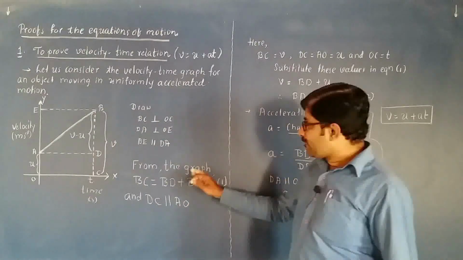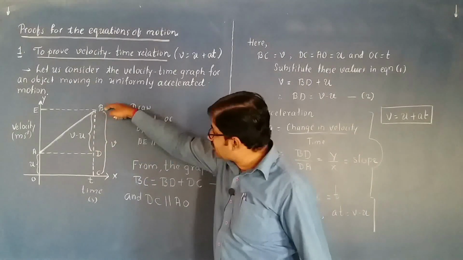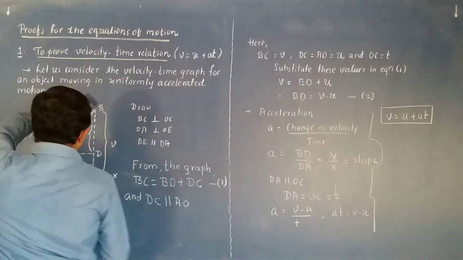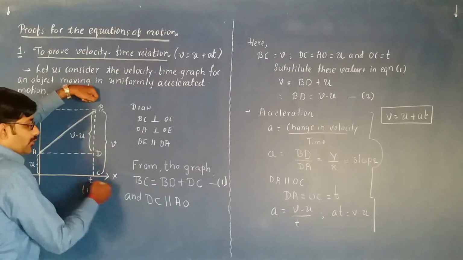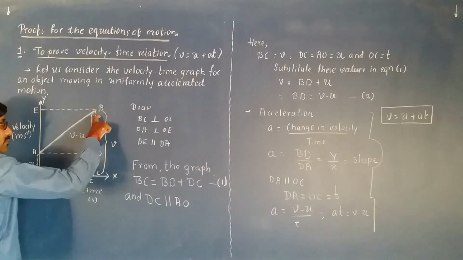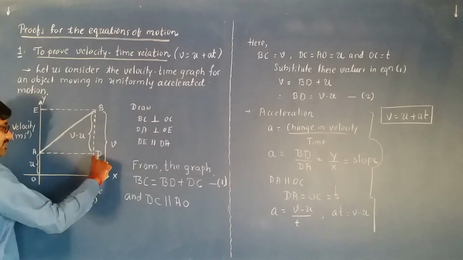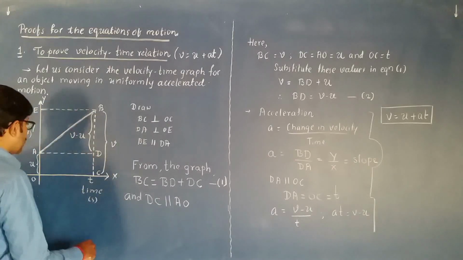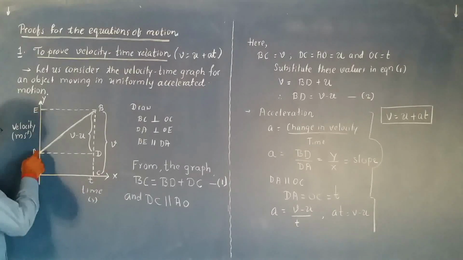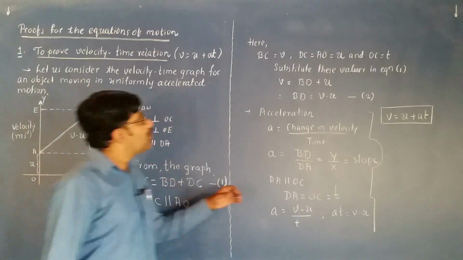From the graph, the entire part BC is equal to BD plus DC, and we took DC parallel to AO.